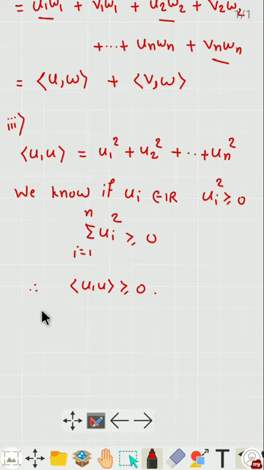And finally we will show that, consider now if the inner product of u with u is equal to 0.